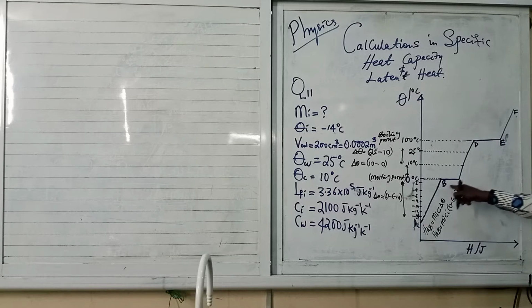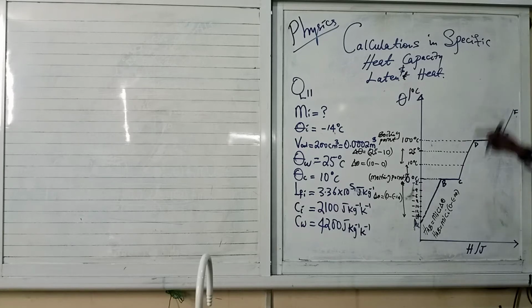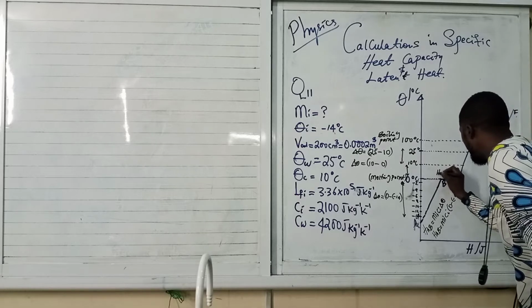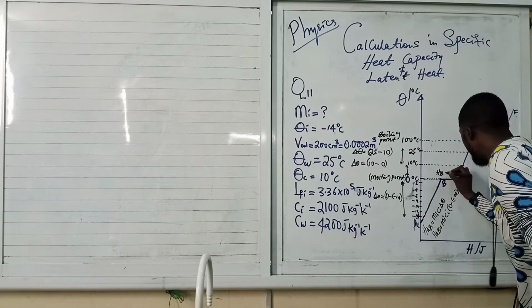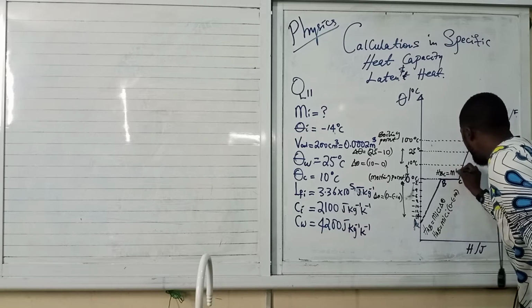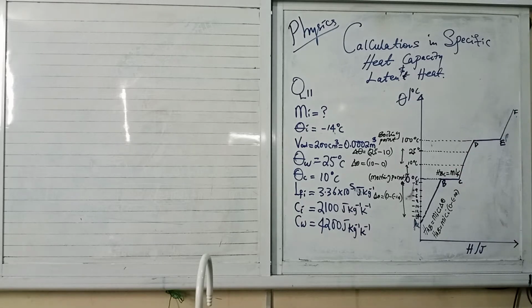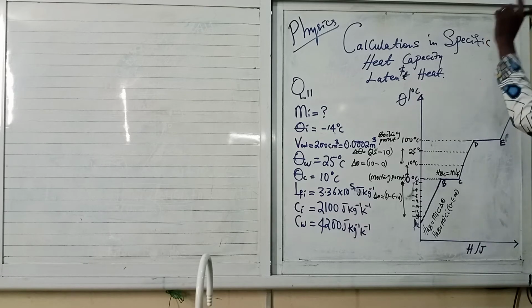So from point B to point C, you have melting. That is the specific latent heat of fusion of ice from point B to point C. So we'll say that HBC is equal to what? M LFI. That is the specific latent heat of fusion that is required to melt this ice from solid to liquid at point C. At point B, you have both ice and liquid mixed together, but at point C, you have just liquid.